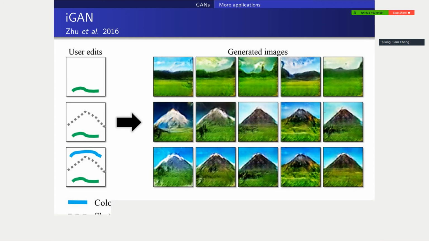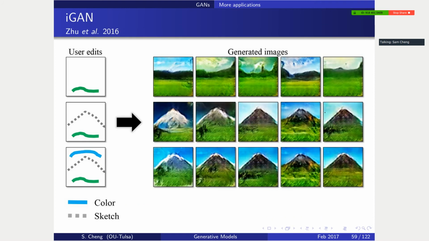There's another work that is quite interesting, especially if you are an artist. This is also an illustration of how you may utilize GANs. You just sketch a stroke here, draw one line here, and then it figures out that maybe you're trying to make a green field here.